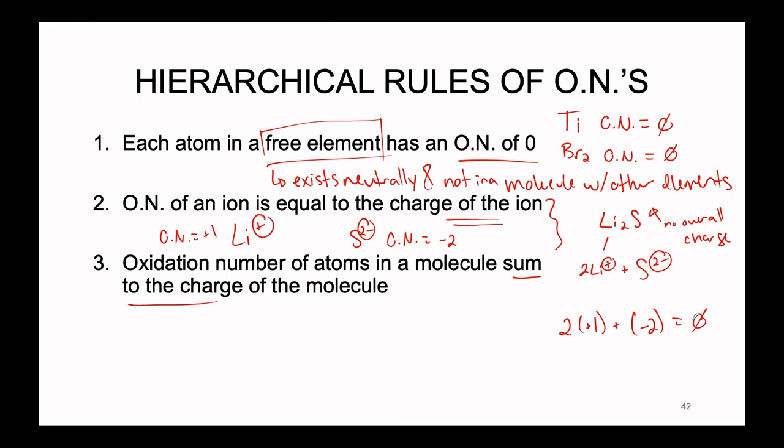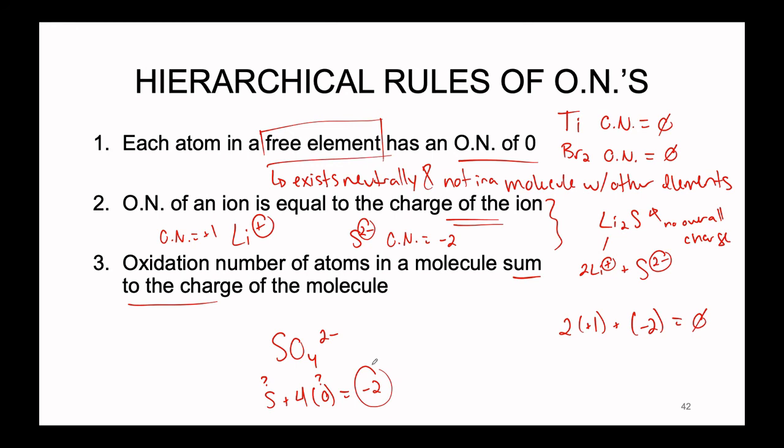Or if the thing that we are working with has a charge, let's say a polyatomic ion like SO4 2-, the sum of the oxidation state for the sulfur plus all 4 of the oxidation states for the oxygen has to equal -2. Now what these specific values are between the sulfur and the oxygen to give us the total of -2, we haven't seen their respective rules yet, but we will in a little bit.